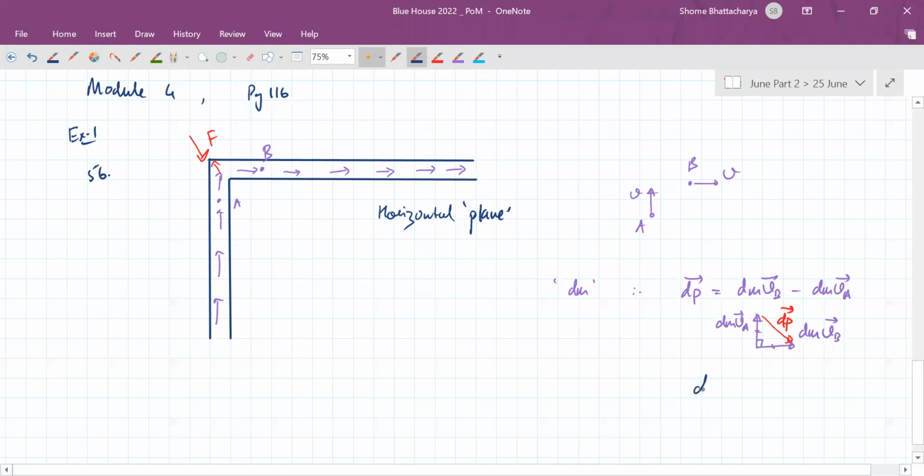So the magnitude of this change in momentum is... so the force. So this is impulse. So force F is rate of impulse.